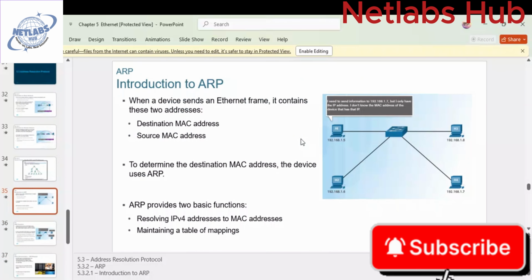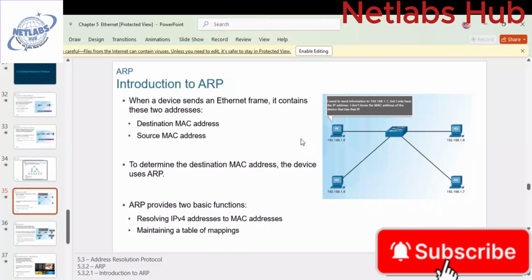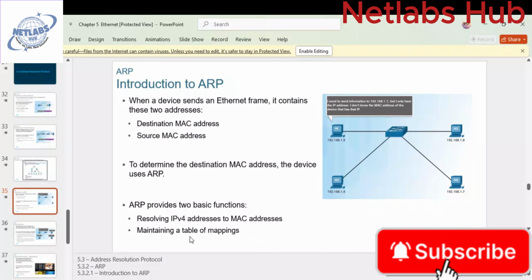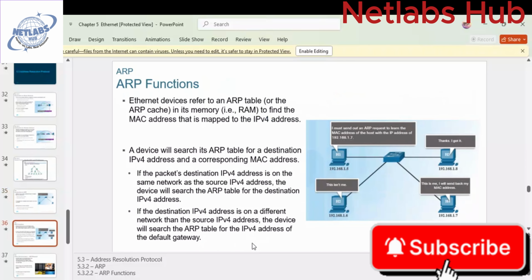So when a device sends an Ethernet frame, what happens? It contains these two addresses, the destination MAC and the source MAC address, so that the source identifies the host, and then the destination identifies the recipient. To determine the destination MAC address, the device uses the address resolution protocol, which provides two basic functions: resolving IP addresses to MAC addresses, also maintaining the table mapping.